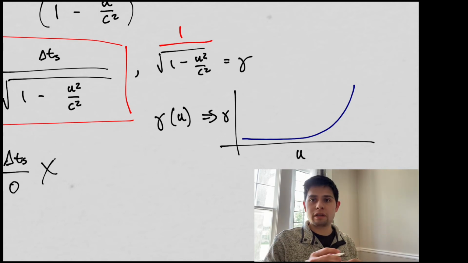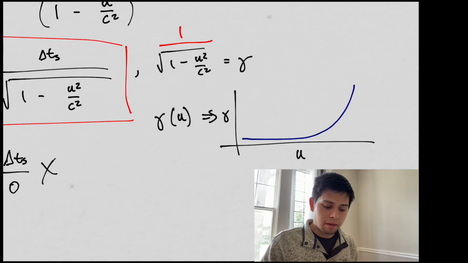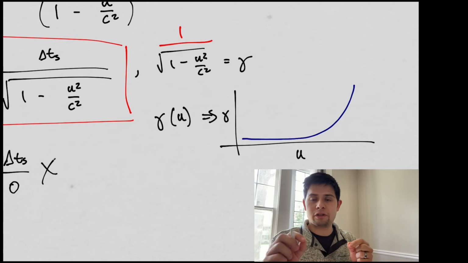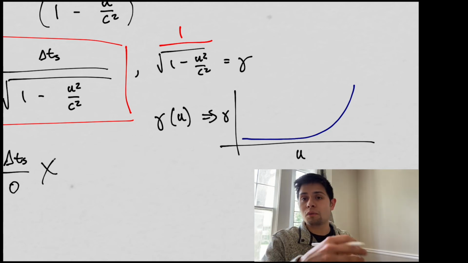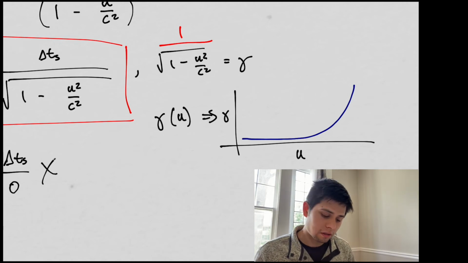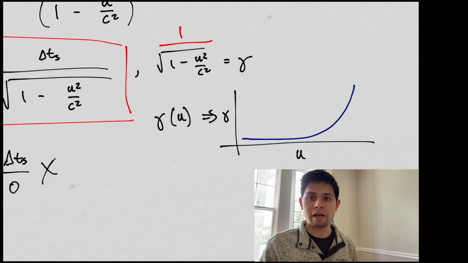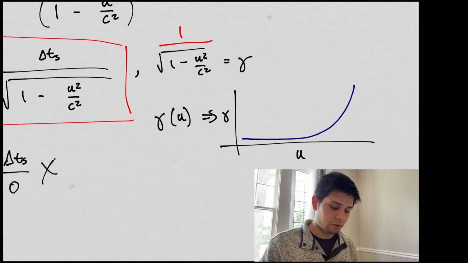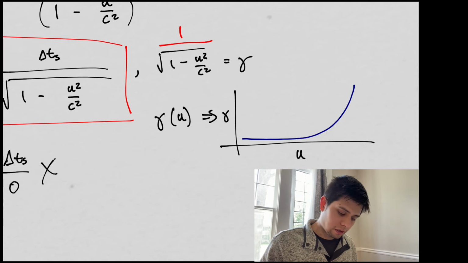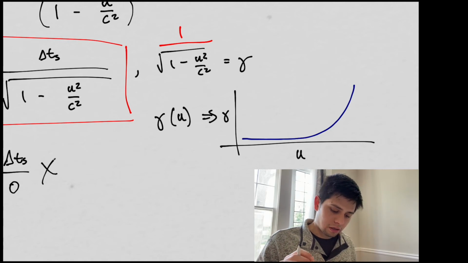As we increase our value for u, the speed at which we're traveling in the x, y, or z direction, our value for gamma is going to increase.